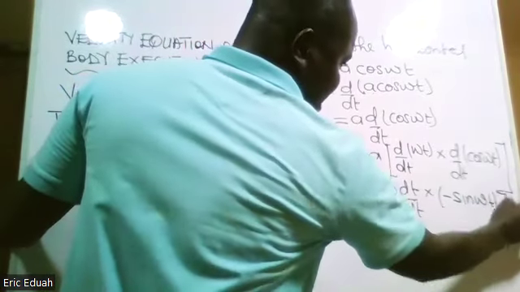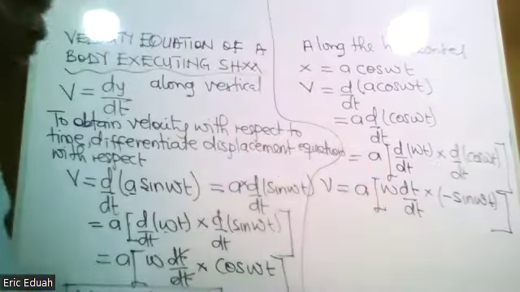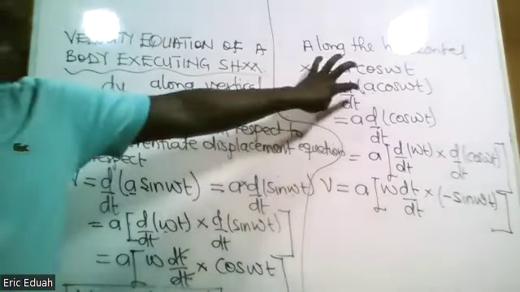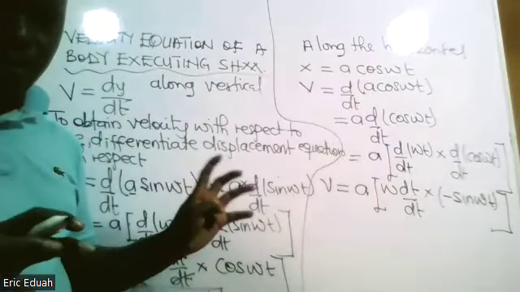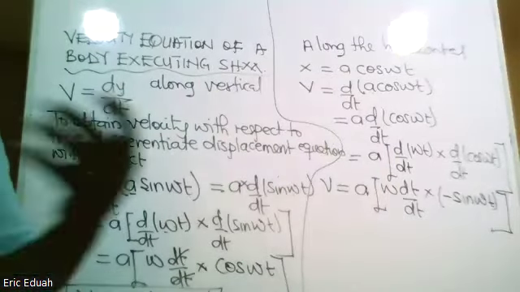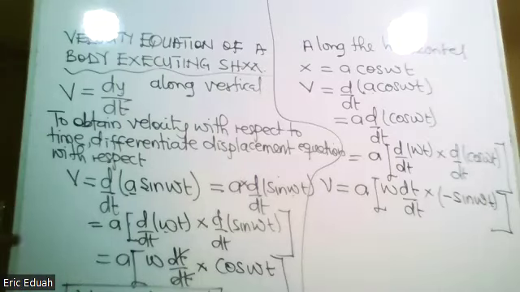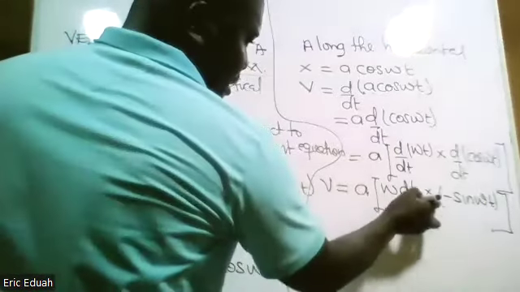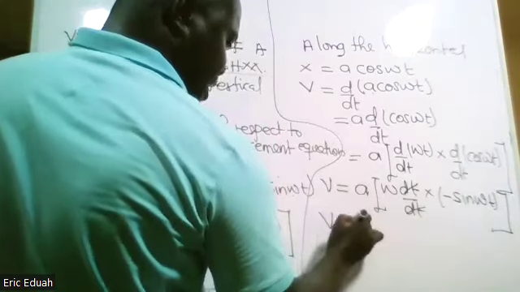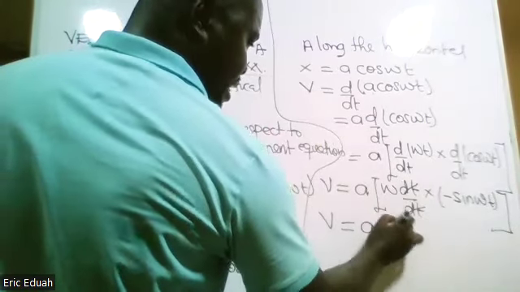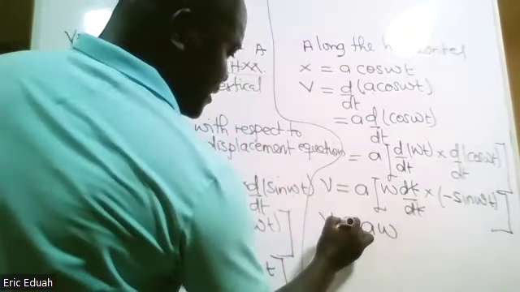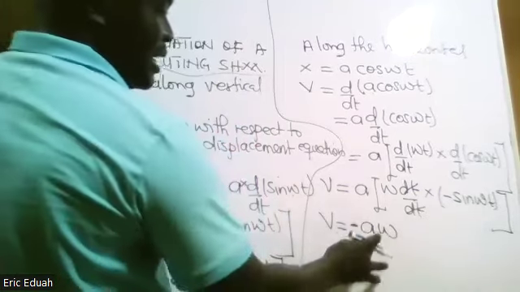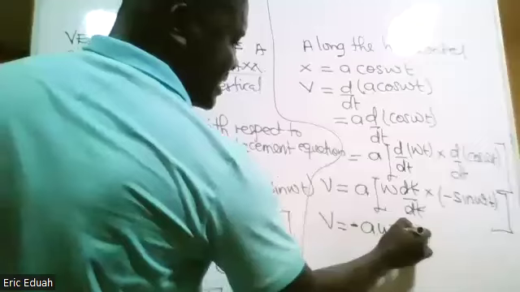I think I'll send you these basic differentials of trig functions. Differentiating sine will give you this, cosine will give you this, okay? And that would help a little bit. So you have V is equal to minus A omega sine omega t.